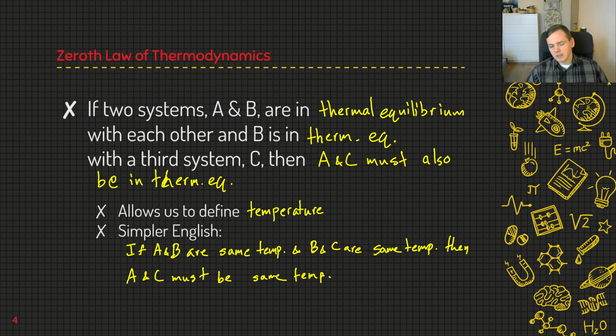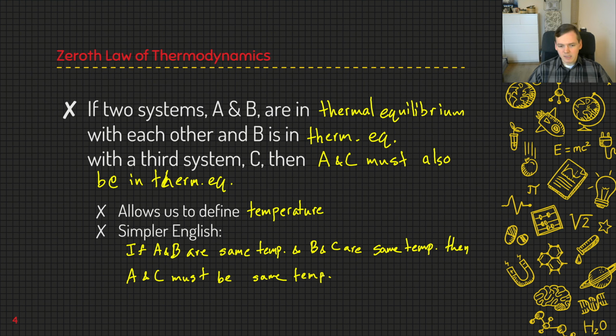Again, technically, to use that definition is kind of working backwards because we can only define temperature because of this law, so you can't really use it in the definition. But if you're just trying to understand the idea, it works perfectly fine.